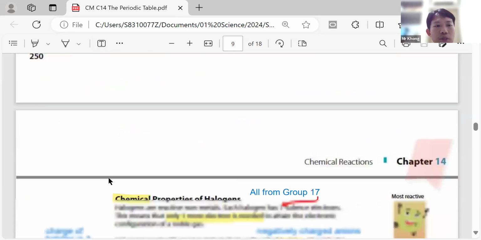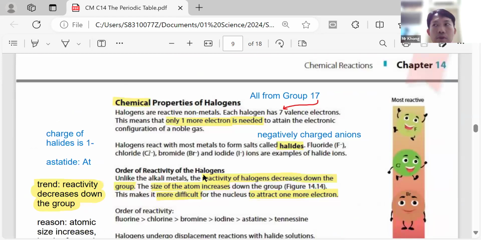I'm going to move on to the next bit on page 251. And now we're going to look at the chemical properties of halogens. Just like how for the group 1 alkali metals, the chemical properties are really about the chemical reactions that they undergo, for group 17 elements, the chemical properties are also about the kinds of chemical reactions that they undergo.